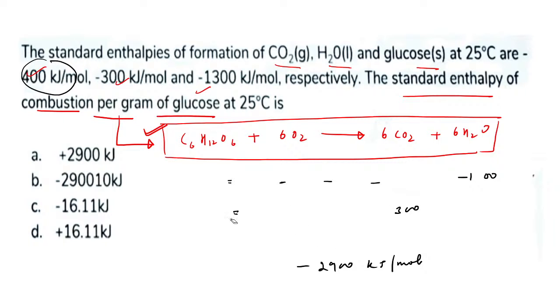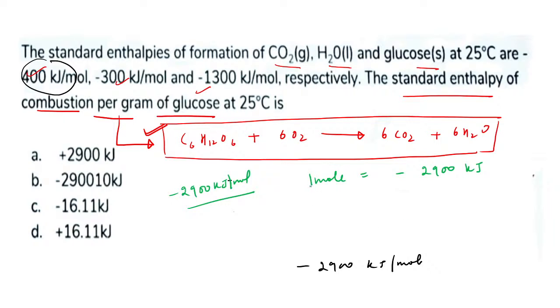We are getting minus 2900 kilojoules per mole. So this is the value of combustion per mole, so for 1 mole the value of combustion is minus 2900 kilojoules, okay.